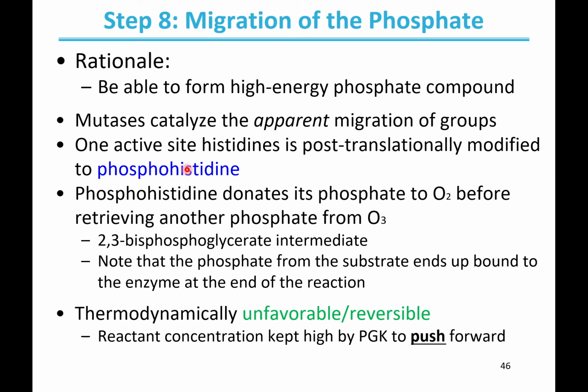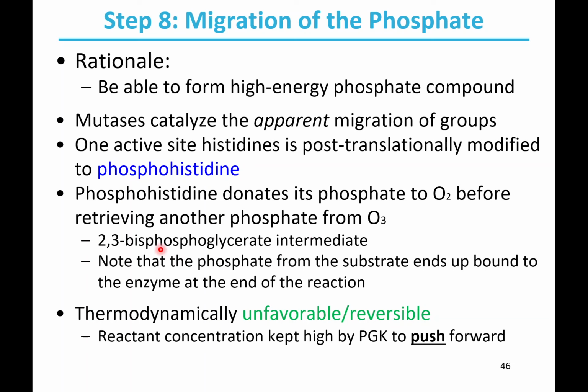Okay, so in this active site there are two histidines, and one of the active site histidines is post-translationally modified with a phosphate group. Okay, so there's a phosphate group on a histidine in there already. That phosphate group is going to be attached to carbon 2, and then the phosphate that was on carbon 3 in this substrate is going to move to the other histidine. Okay, this produces a 2,3-bisphosphoglycerate intermediate.